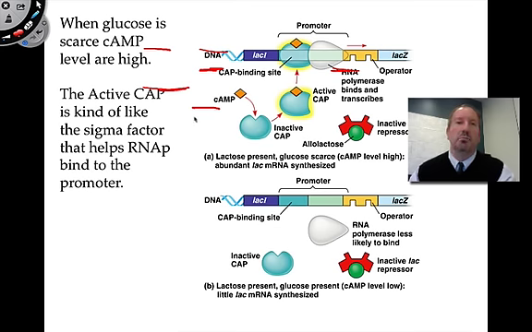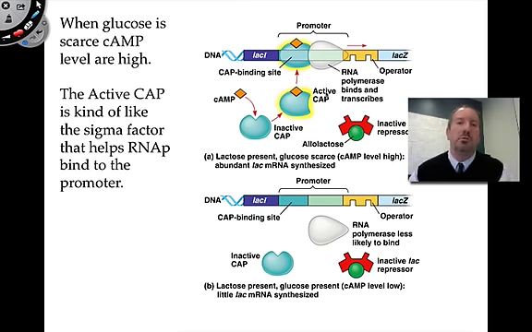You're like, so what does it all mean? Well, what it all means is that when cyclic AMP is present, RNA polymerase can bind and therefore transcribe the gene.